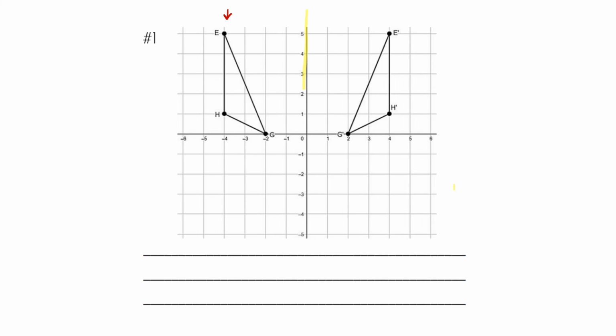And we can see that the y-axis is our line of reflection because we can count 1, 2, 3, 4 squares counting to the y-axis, and then another 1, 2, 3, 4 squares across the y-axis. So we would label this as a reflection across the y-axis.